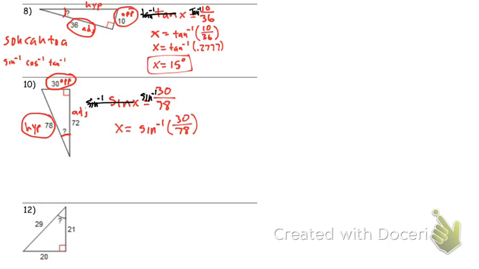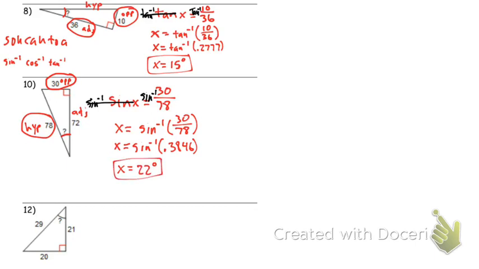Now we can compute. First we do 30 divided by 78 in your calculator, which gives you 0.3846. Now we look for the inverse sine button. Push the inverse sine button and you get 22 degrees.